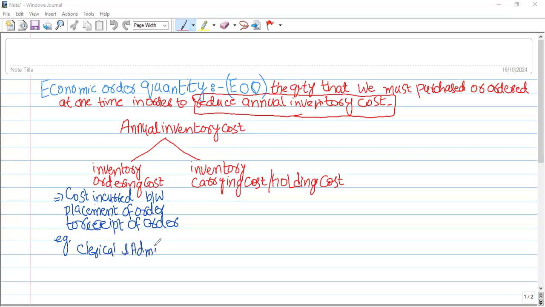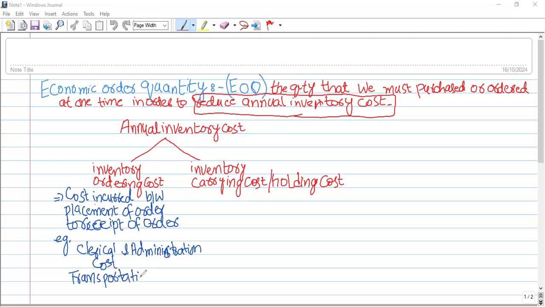As I told you, in this cost we have administration cost. This cost includes small costs like printing, paper, telephone calls, postage charges. All these are included in clerical and administration costs. And the most important point is that the transportation or delivery cost is also part of the ordering cost.